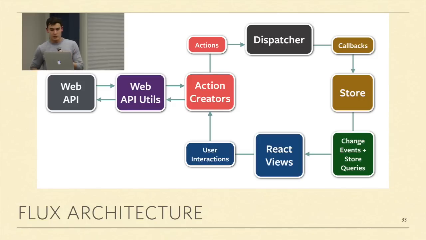And the whole point of it is to have a single direction data flow between the pieces: the actions in your application, the semantic interaction points that users can take, and dispatching those into the stores. And the stores are concerned about managing their own data.